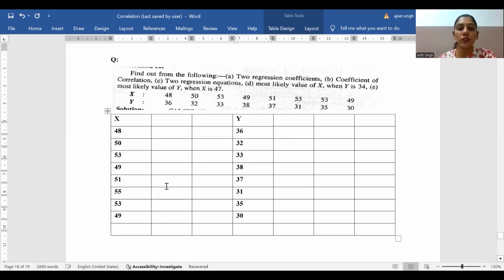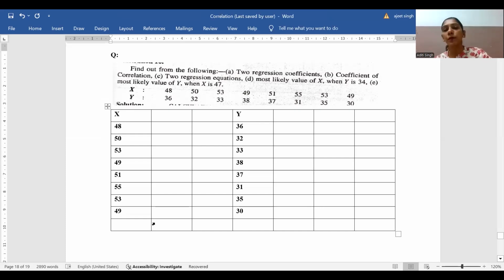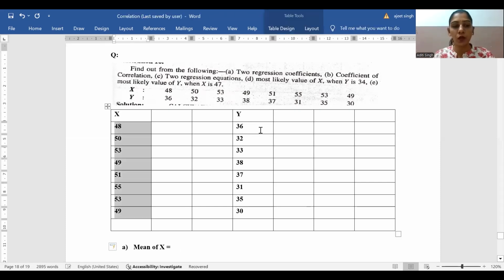So the first step is to calculate the mean. Mean of x is sum of x divided by the total number of observations.